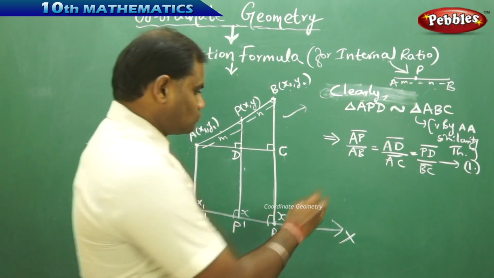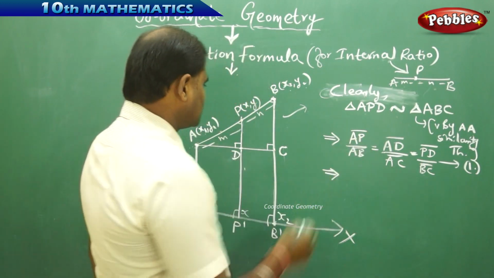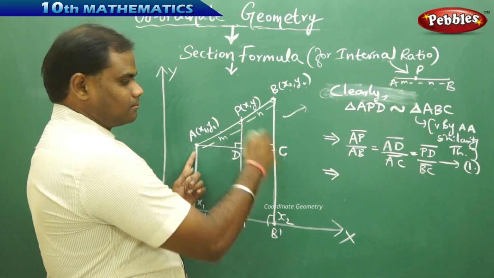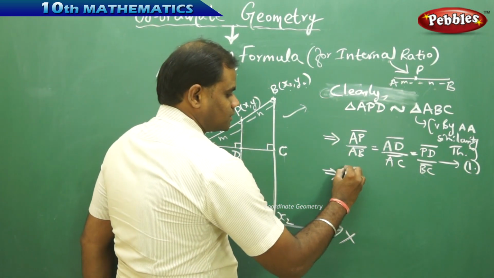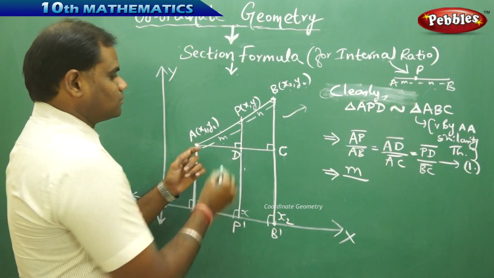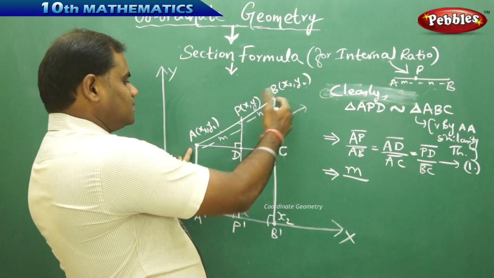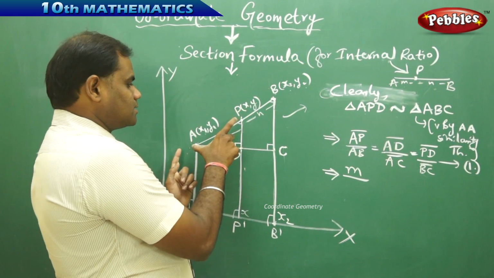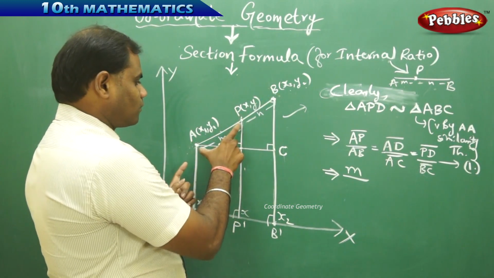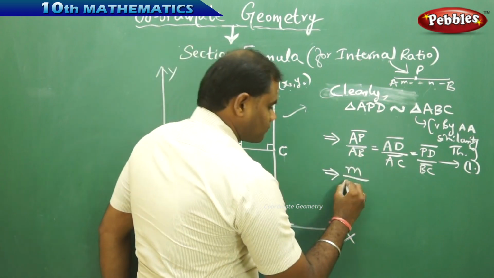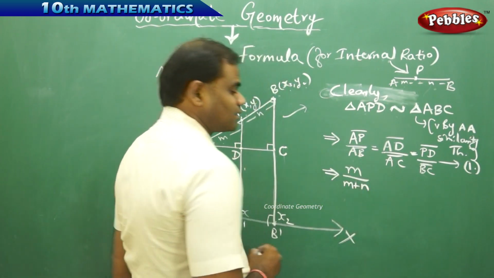But as I see here, AP is nothing but m, which I get from the ratio which I have identified here. And similarly, my AB is m plus n, because AB is AP plus PB, therefore m plus n. Therefore, in place of AB, I get m plus n.